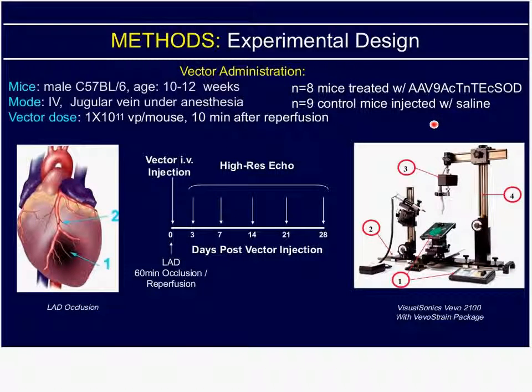And of course, most of you are quite familiar with the Vivo 2100. In particular, we're showing here the mount for the transducer and the platform, along with a micro manipulator by which you can step that platform as well.